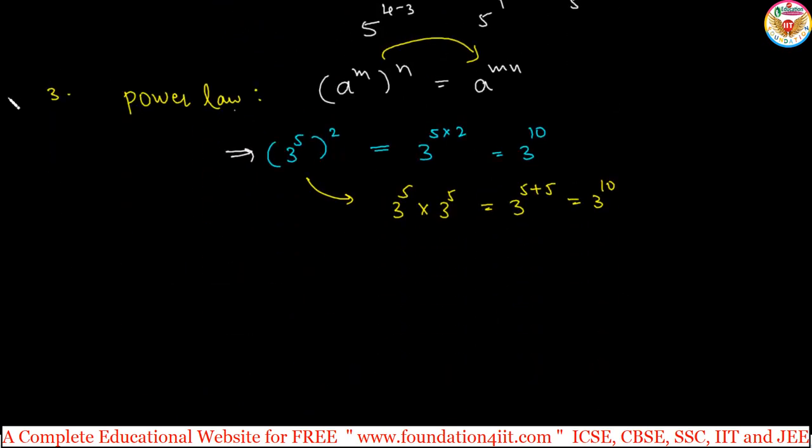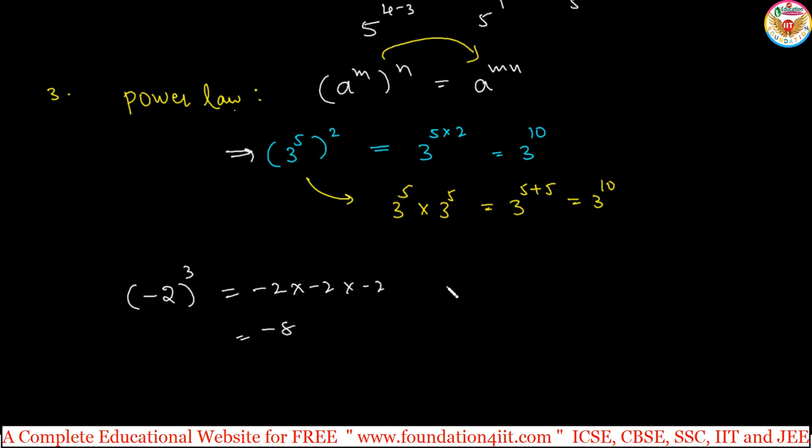Remember one thing, the power should be positive, then only we can multiply that many times. For example, minus 2 to the power 3. So minus 2 into minus 2 into minus 2, 3 times. So negative will come, minus 8. That means if the power is an odd number and the base is negative, you'll get negative only.